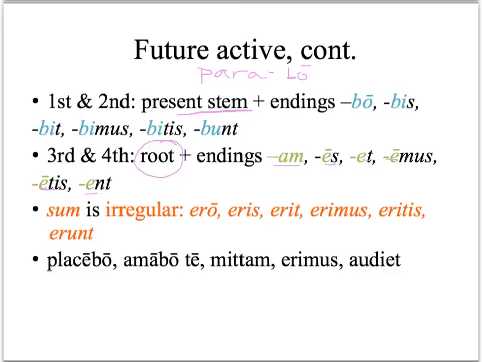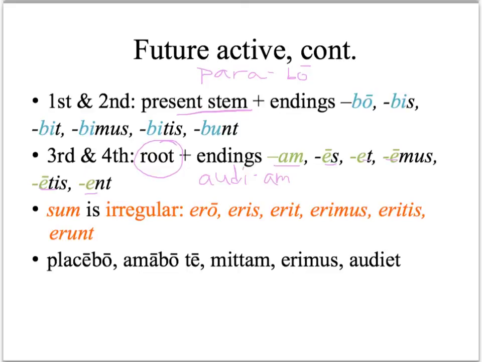It is tricky, however, because in the fourth conjugation, you're actually using the present stem: audiam, audies, audiet. So I probably should make this a little more specific. Present stem plus endings for fourth conjugation, root plus endings for third conjugation.